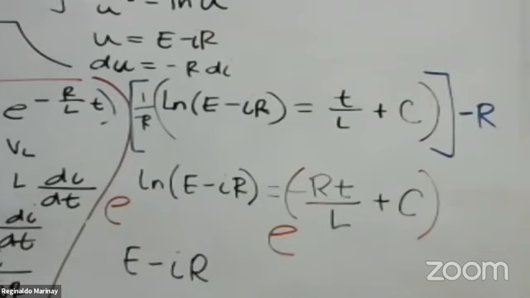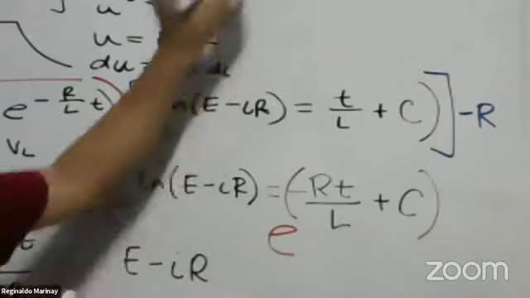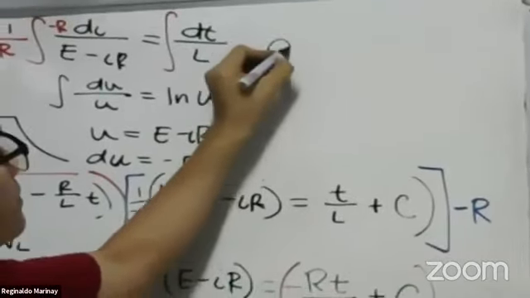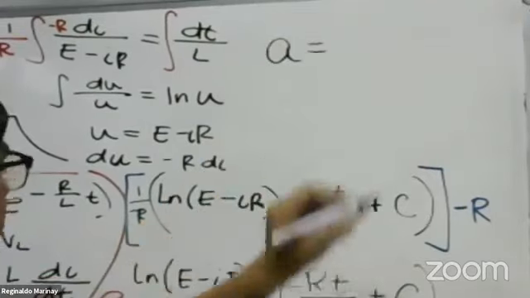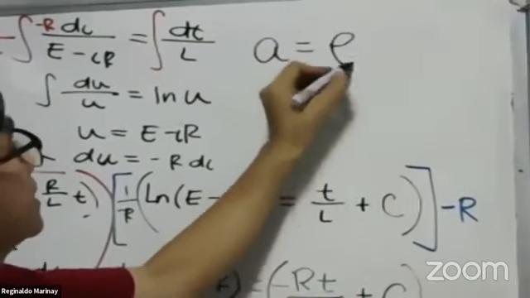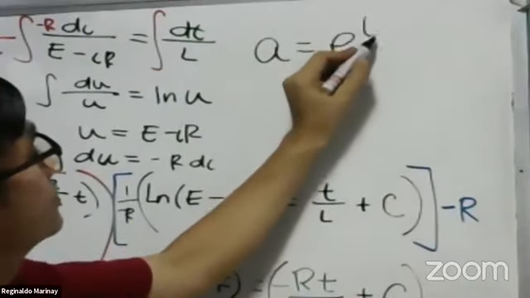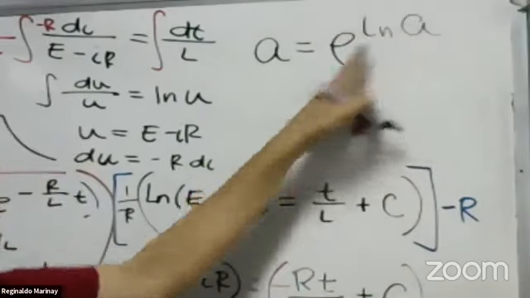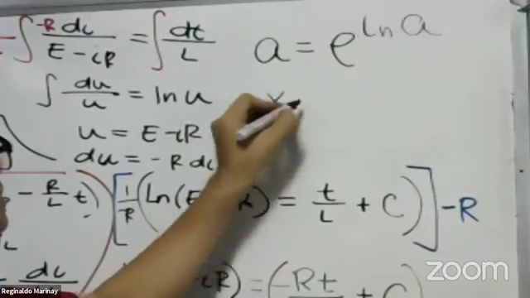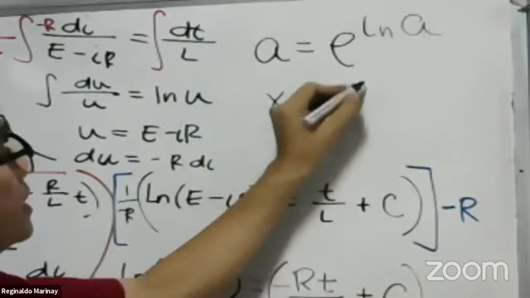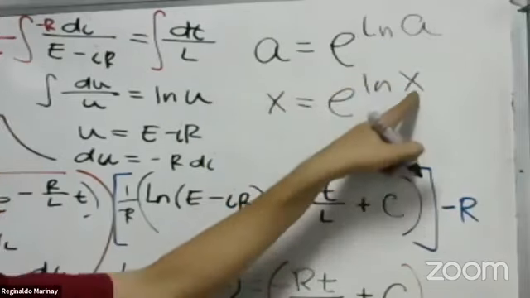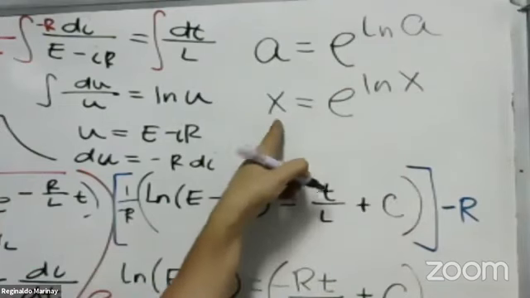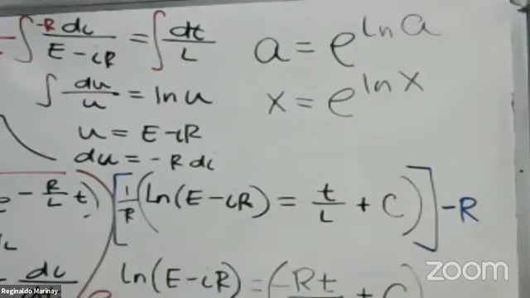How is that? Let's say you have A. A is equal to e raised to ln of A. If this is A, this should be A. Let's say you have your X. That's equal to e raised to ln of X. If you have your Y here, that is your Y. So let's go over here.